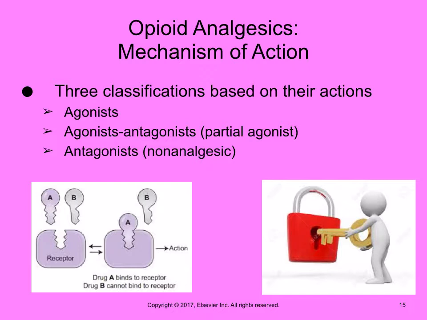And what does the term agonist-antagonist mean? A partial agonist is another synonym for it. Substances that bind to a receptor cause a partial response, not as strong as an agonist, but partial, half of a response. And the reason why I put the picture of the key and the receptor, it's like a lock and key. I always think of the insulin.